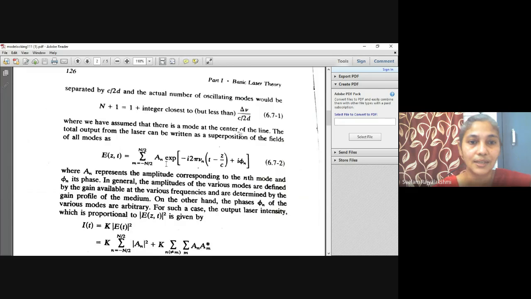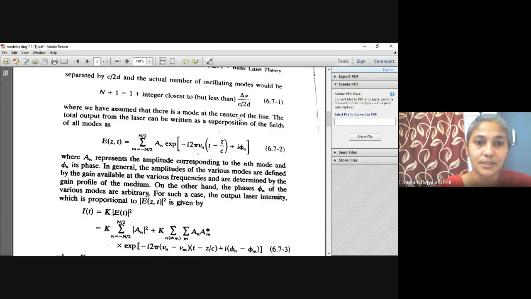Here a n represents the amplitude corresponding to the nth mode, and phi n is the phase. In general, the amplitudes of the various modes are determined by the gain profile of the medium, whereas the phases phi n of the various modes are arbitrary.